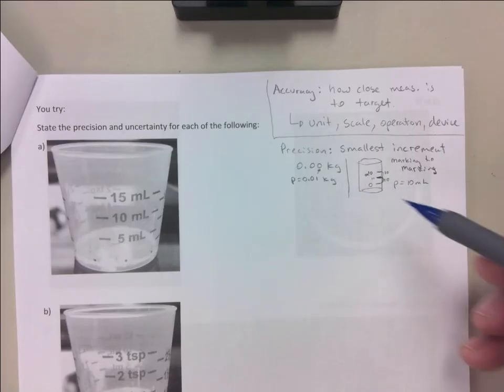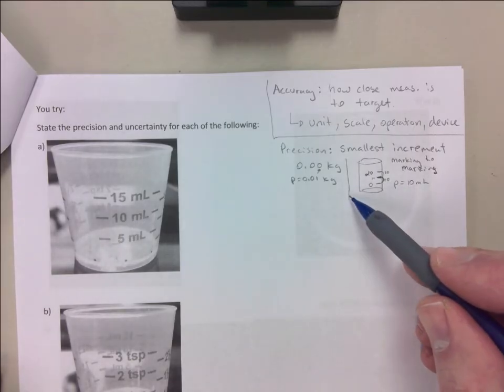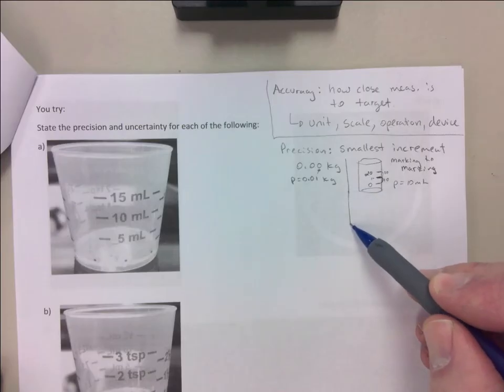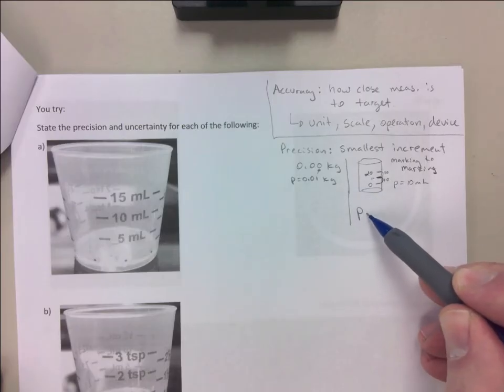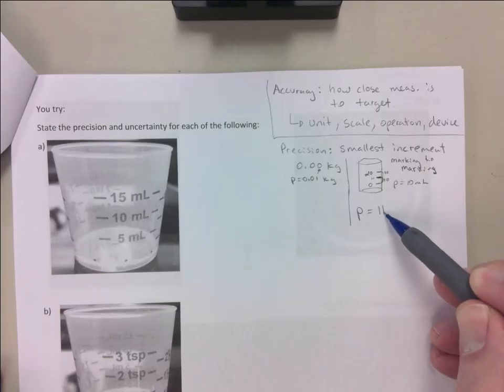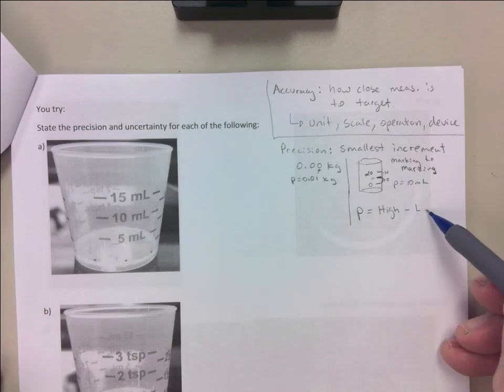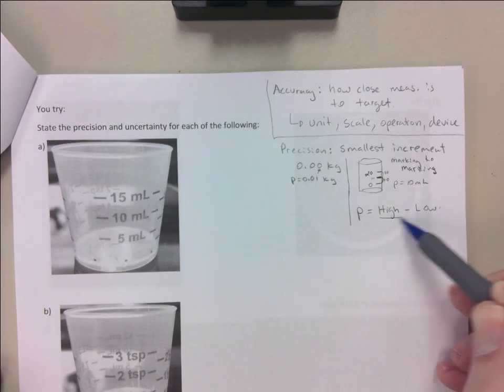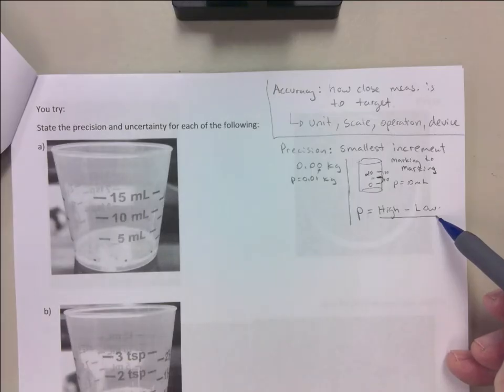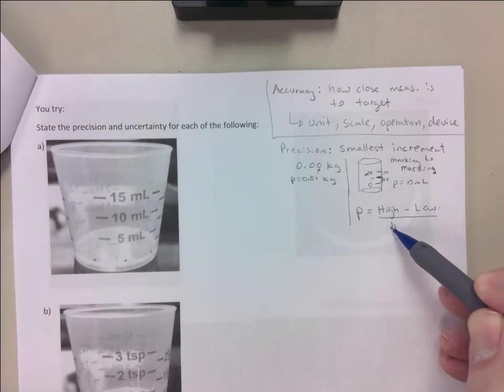Remember the cheat I gave you for a diagram? It's not a cheat, it's a formula. We're not cheating in here. The precision is, what did I tell you again? High minus lowest, yeah. So you pick a high number, you pick a low number, and then number of gaps in between.